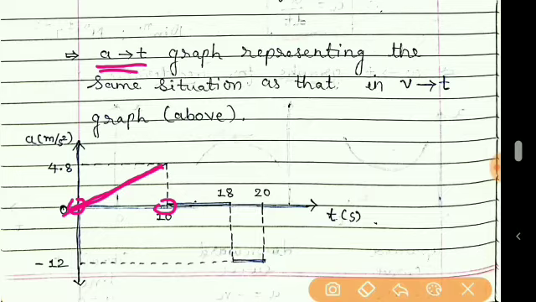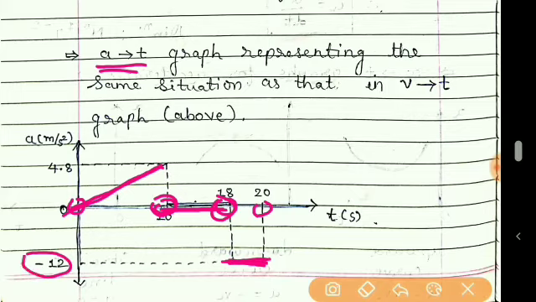Then from t equal to 10 seconds to t equal to 18 seconds, it is constant, acceleration does not change. And from t equal to 18 seconds to t equal to 20 seconds, once again it is a horizontal line. That means acceleration is constant, but it is negative.